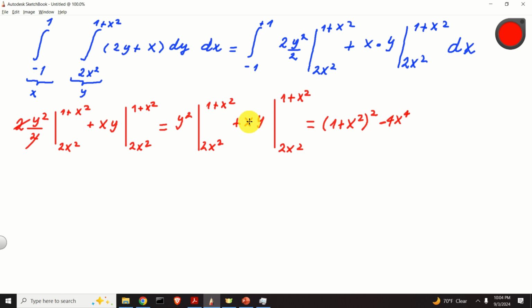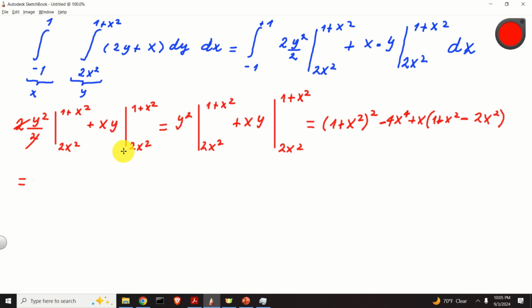What do we have here? We have x multiplying what? We have x multiplying upper bound, 1 plus x squared, and then we have minus lower bound, 2x squared. Perfect. And let's perform the multiplication. Let's see what we have.